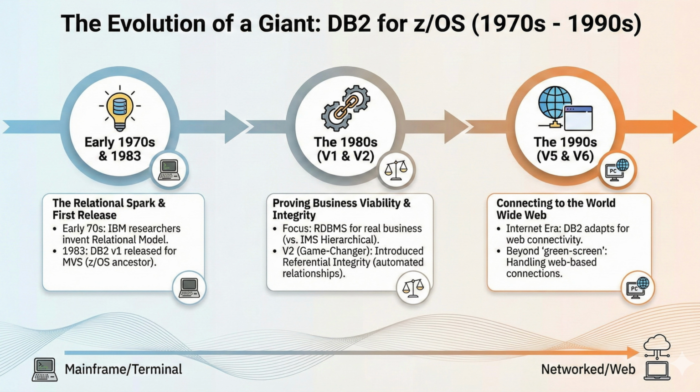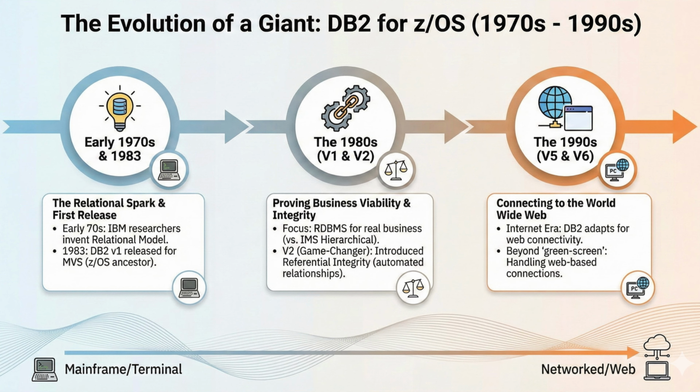The history of DB2 is actually the history of the relational database itself. In the early 1970s, IBM researchers invented the relational model, but it wasn't until 1983 that IBM released DB2 version 1 for the MVS operating system, the ancestor of z/OS. In the 80s, with version 1 and version 2, the focus was just on proving that relational databases could work for real business.